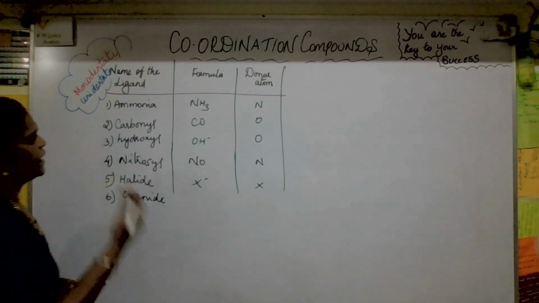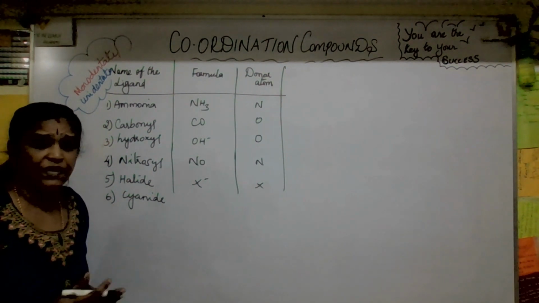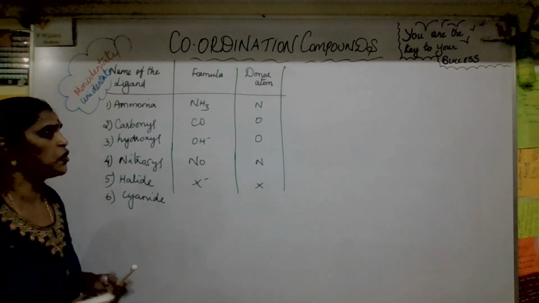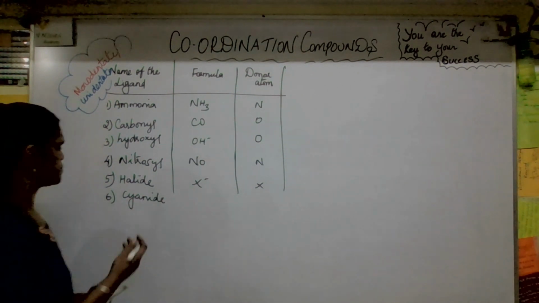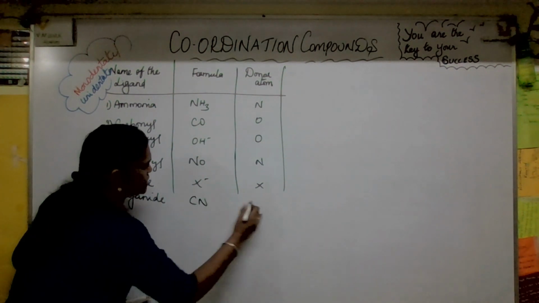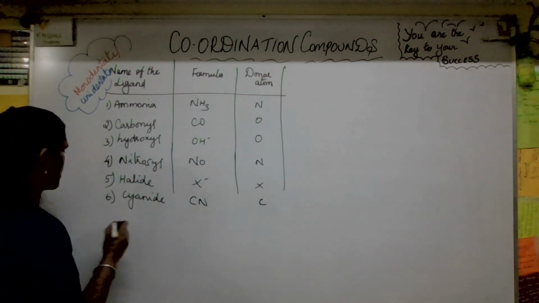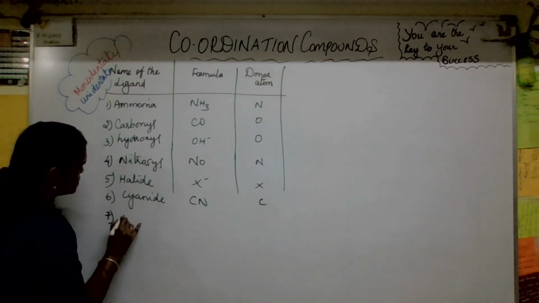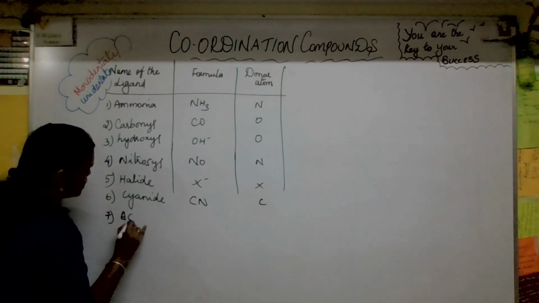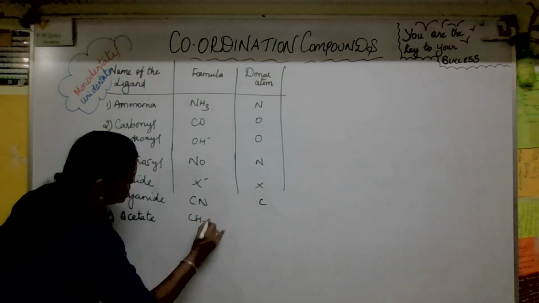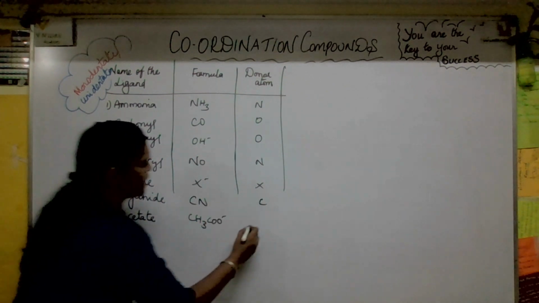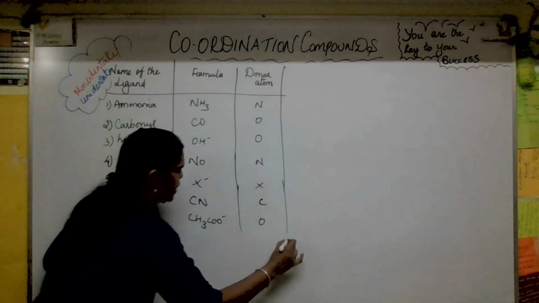These will help you identify whether a ligand is monodentate, didentate or polydentate, by looking at the donor atom. Cyanide is CN minus, and carbon is the donor atom. Seventh one, acetate, CH3COO minus. Naturally, oxygen is the donor atom.